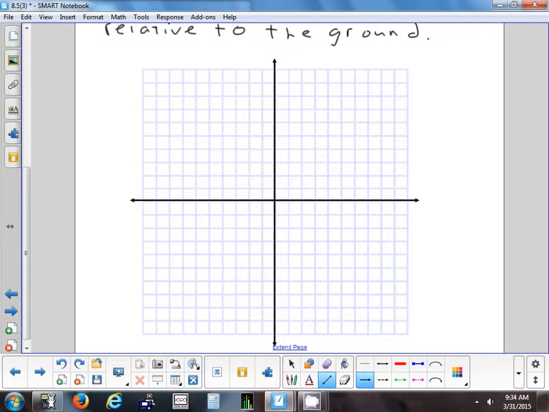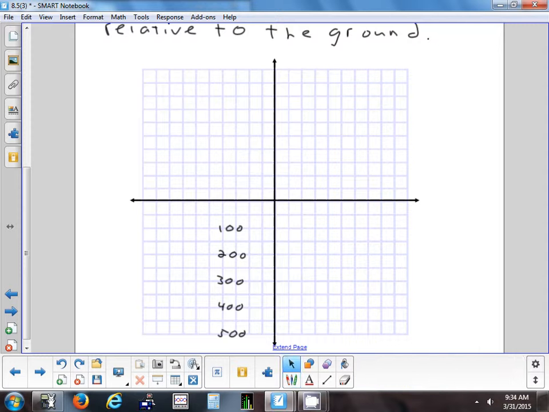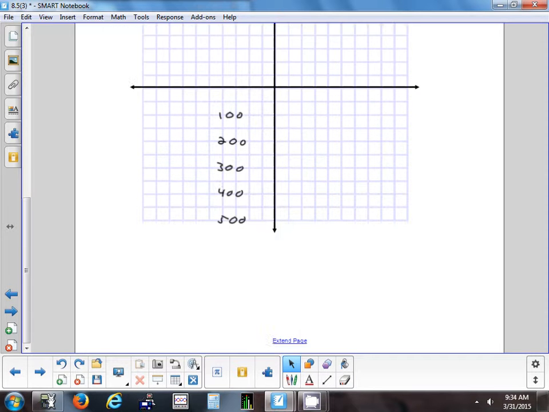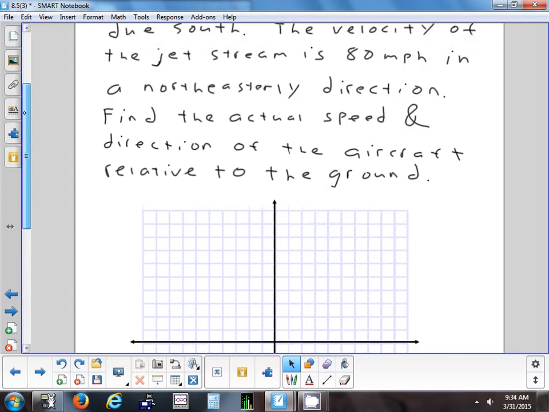Let's set it up in units of 50. Okay, and I think that should be good enough. Right on the edge of our graph. If we need to adjust it, we can.